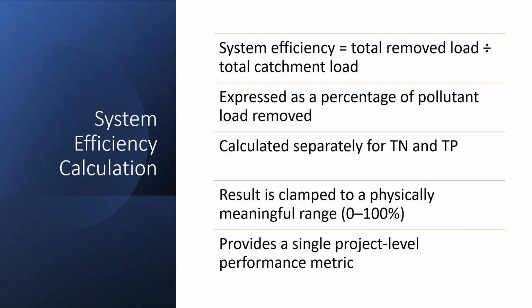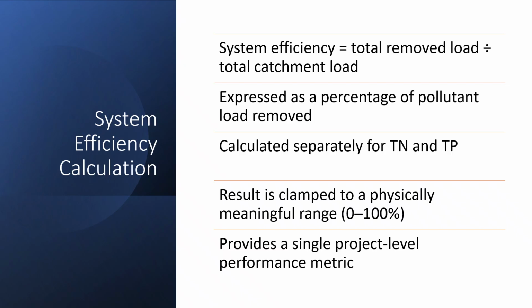One important detail in the calculation is that the result is clamped between 0 and 100%. This safeguard exists because floating point arithmetic and edge cases can occasionally produce values that fall outside a physically meaningful range.